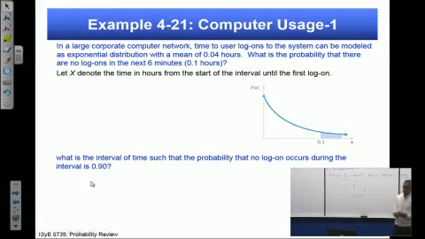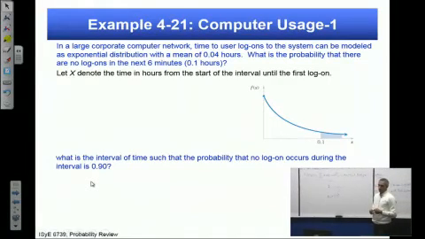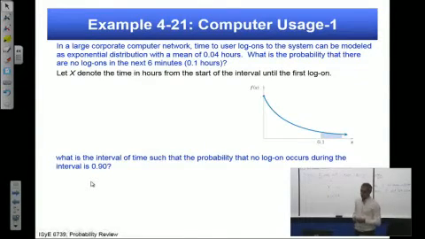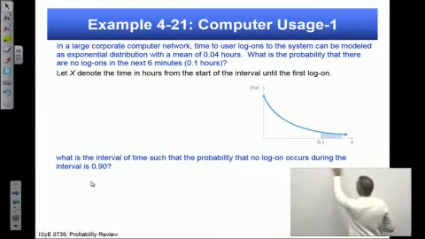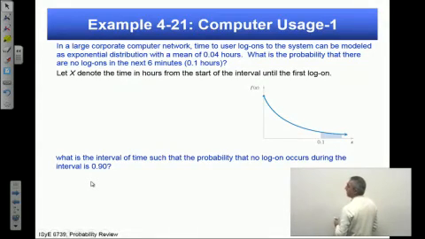So in a large computer network, time to log on in a system is modeled by an exponential distribution with a mean of 0.04 hours.